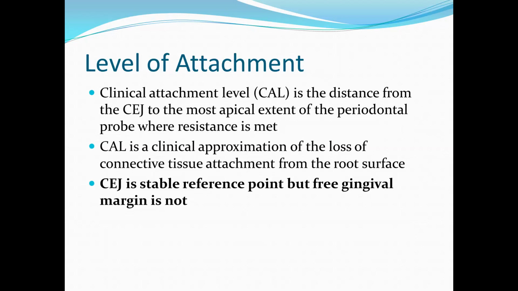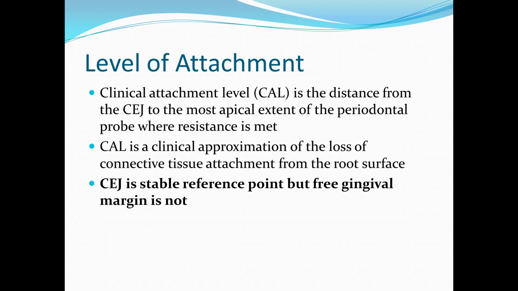So one of the things we're doing is we're figuring out the clinical attachment level, or CAL, and that's the distance from the CEJ to the most apical extent of the periodontal probe where resistance is met. So the CAL is a clinical approximation of the loss of connective tissue, okay, from the root surface, or the level of connective tissue, because if there's no attachment loss, it's a clinical attachment level, it's not clinical attachment loss.